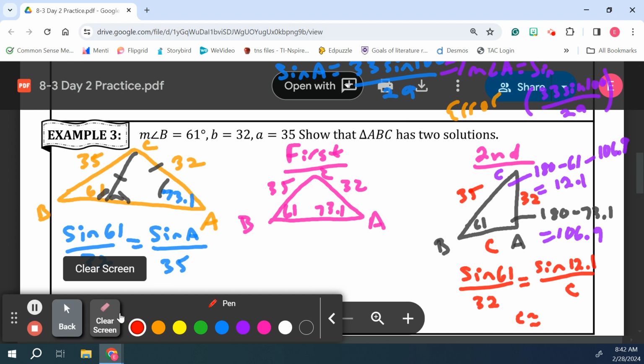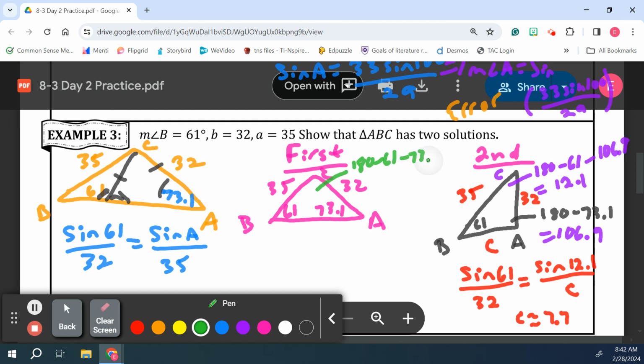Wait, do we have to do that for both? Yeah, this only takes care of this first solution. We still got to find it for the second solution. So for the second solution, now the first thing you need is this angle. What is this angle for C? Yep. 180 minus 61 minus 73.1, which gives us 45.9.